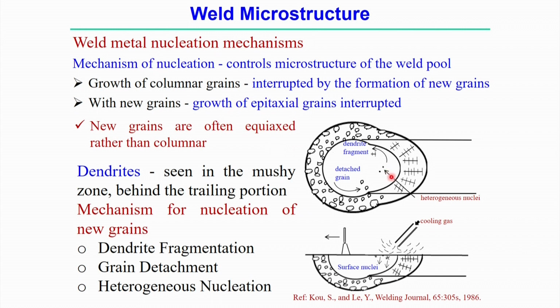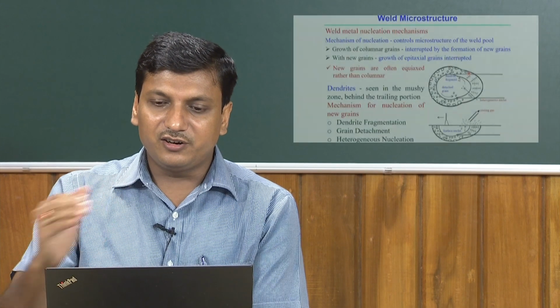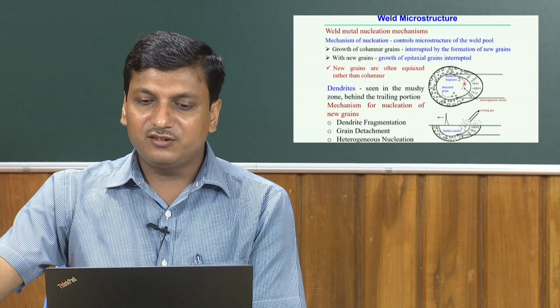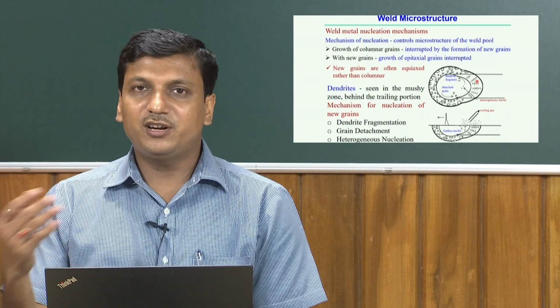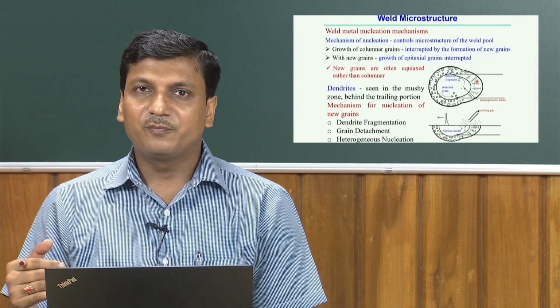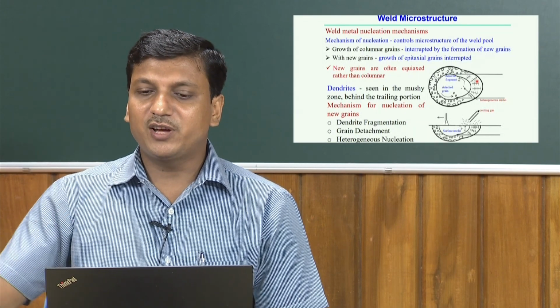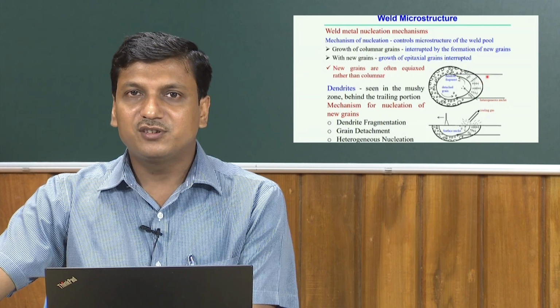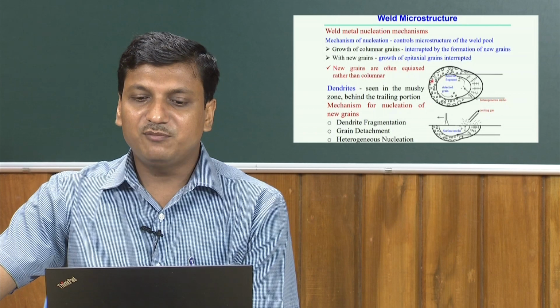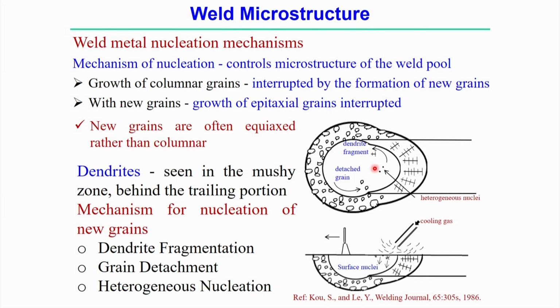Dendritic fragmentation happens because on the trailing side, the rear side of the weld pool, there is a formation of dendrites, and the convective flow of the liquid metal within the weld pool brings about fragmentation of the dendrites. At the same time, partially melted metal can be detached from the grains.